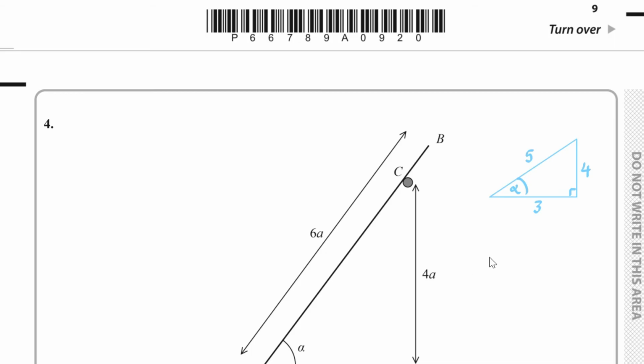So sine alpha is equal to 4/5. Cos alpha is equal to adjacent over hypotenuse, so that's 3/5. Tan alpha is equal to opposite over adjacent, that's 4/3.